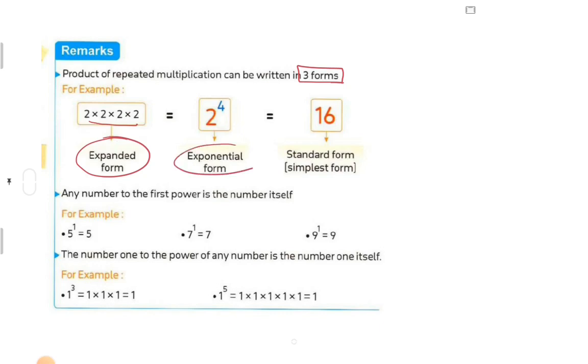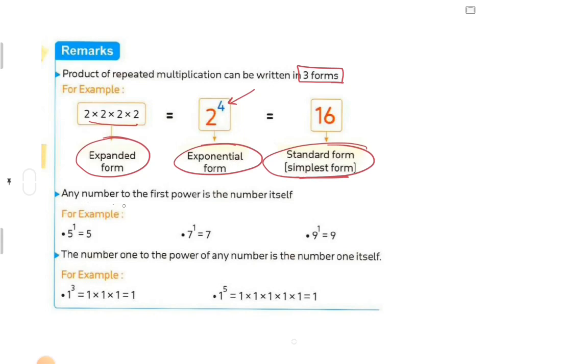The next form is the exponential form, using the exponent form. We have base 2, the repeated number is 2, and the number of repetitions is 4 times. The last form is the standard form, or I call it the simplest form. Simplest form means the product.